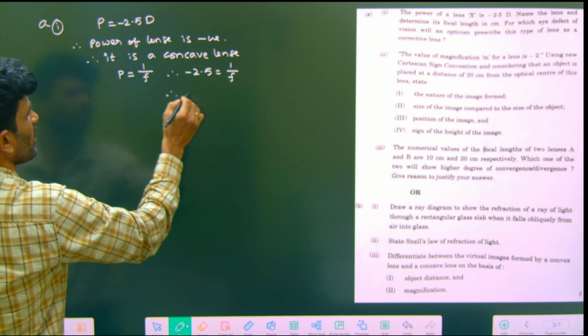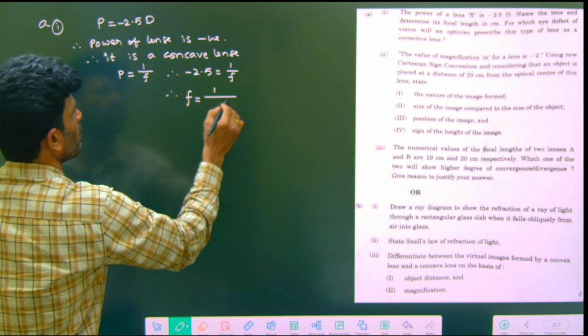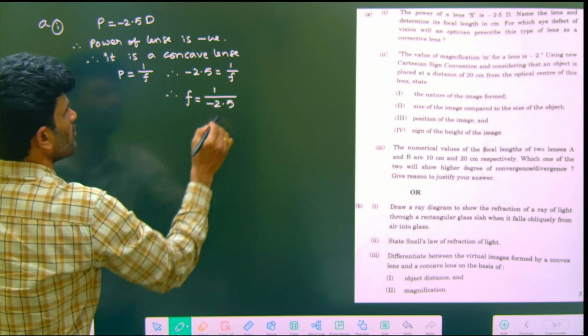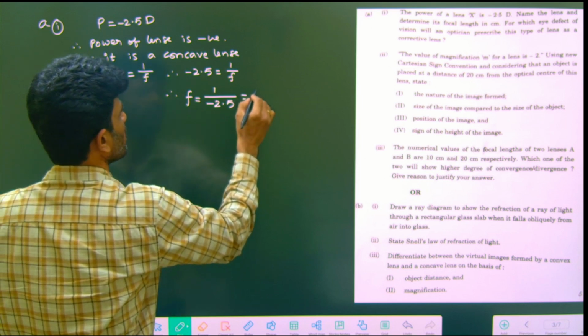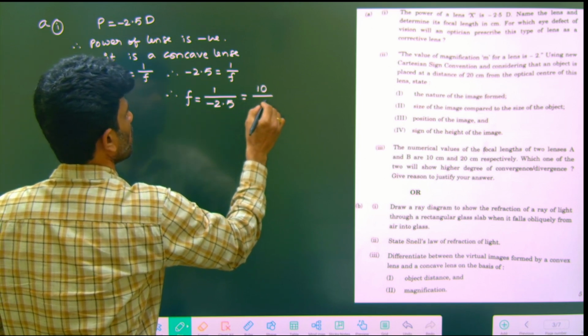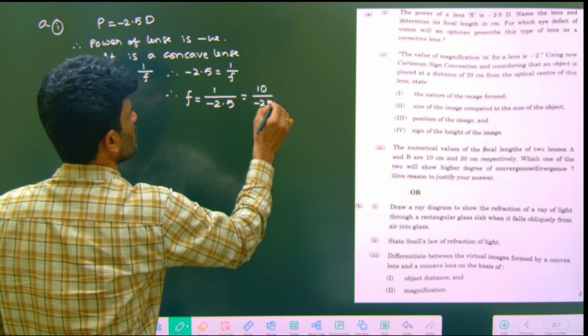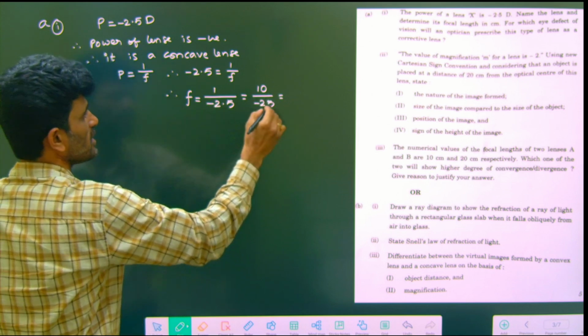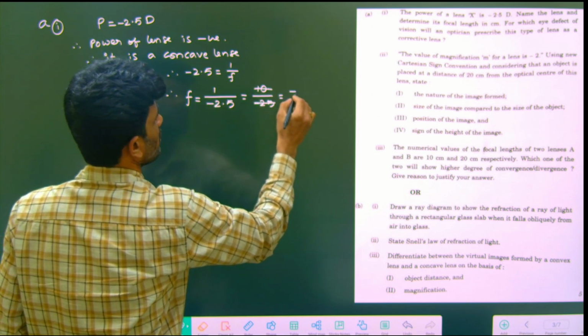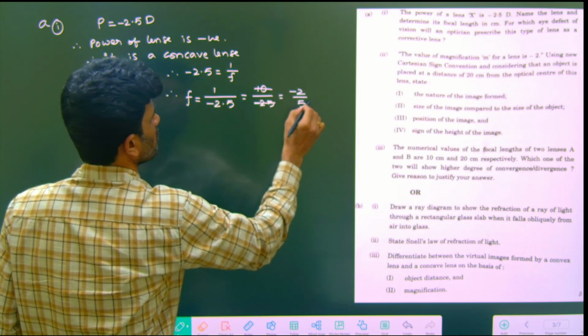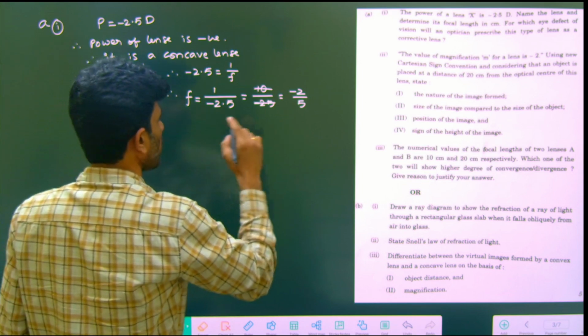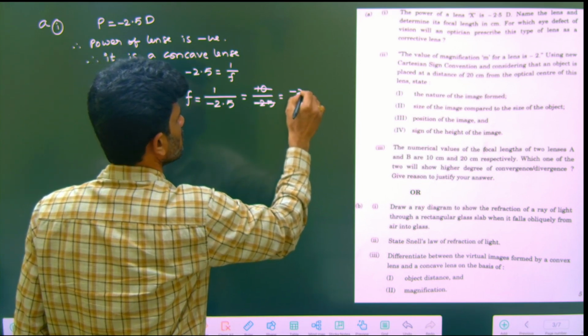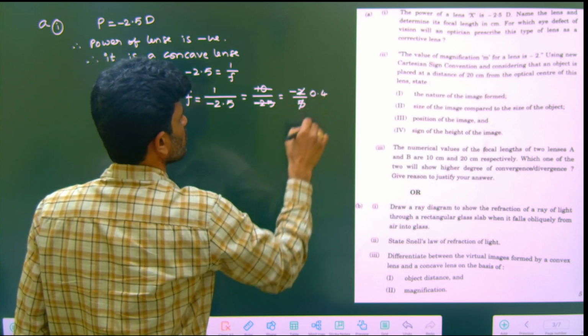Therefore, f is equal to 1 by minus 2.5, which can also be written as 10 by minus 25. If you cancel this, it is minus 2 by 5. If we cancel again, 5 1s are 5, 5 4s are 20, so 0.4.